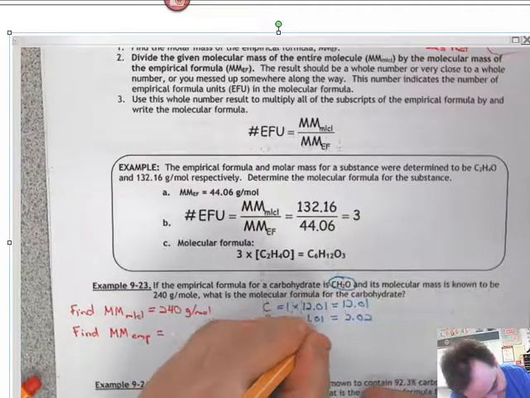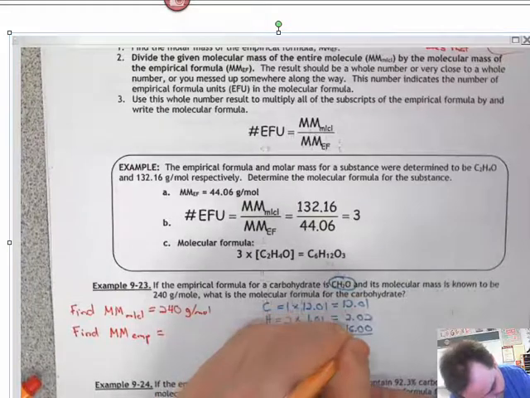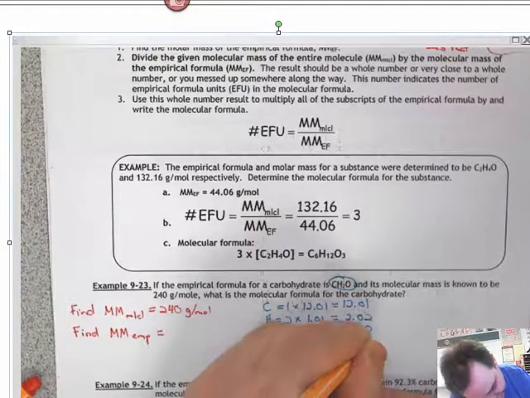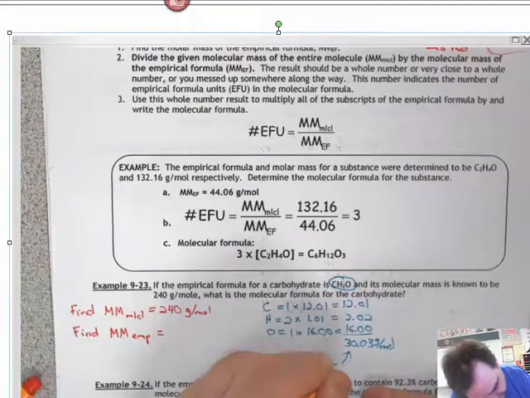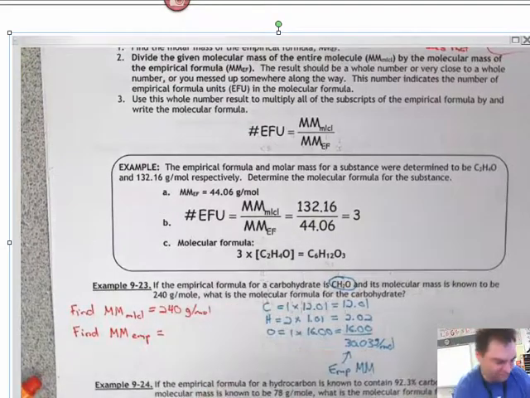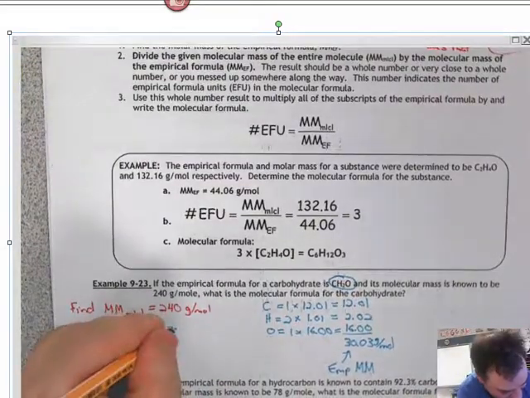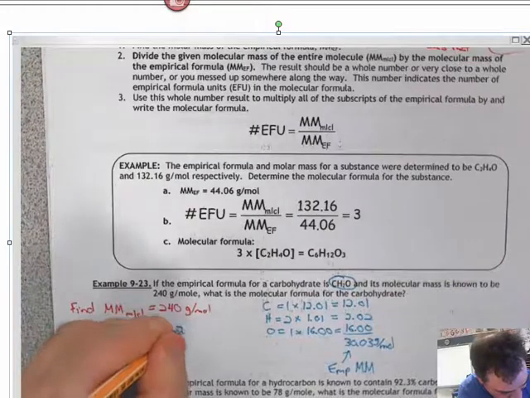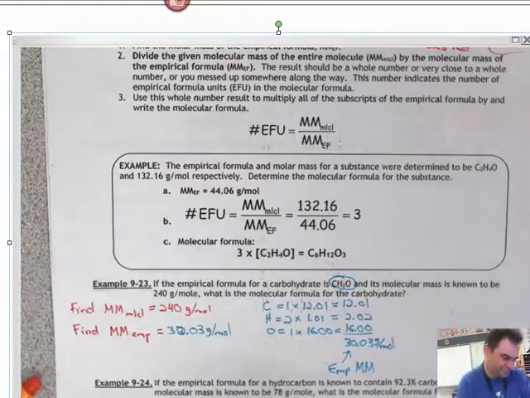And 1 times 16.00 is 16.00. That gives 30.03 grams per mole. That is the empirical molar mass.